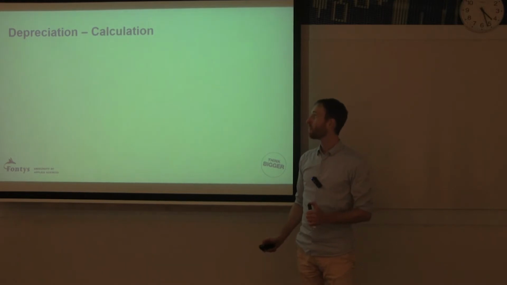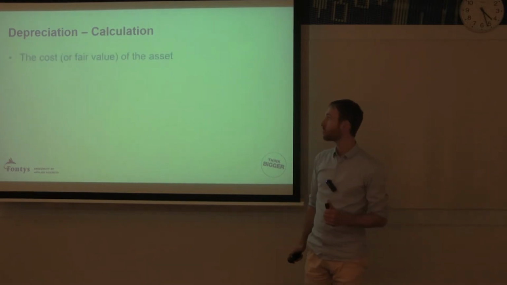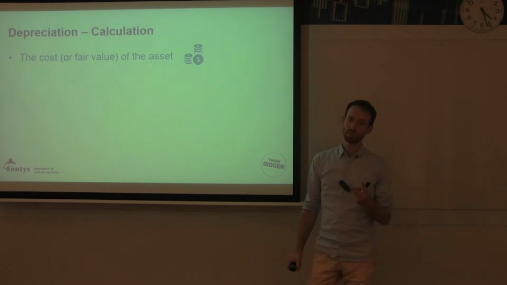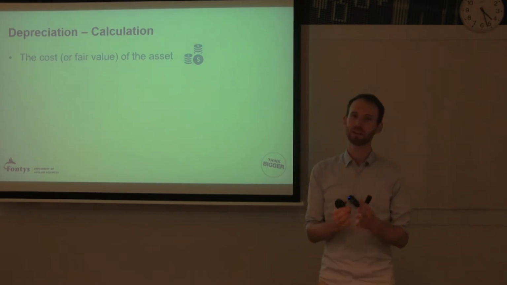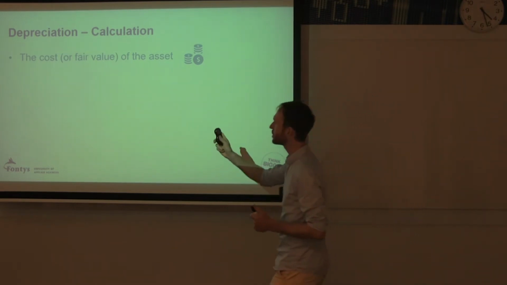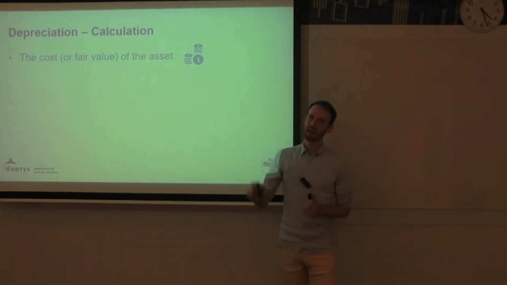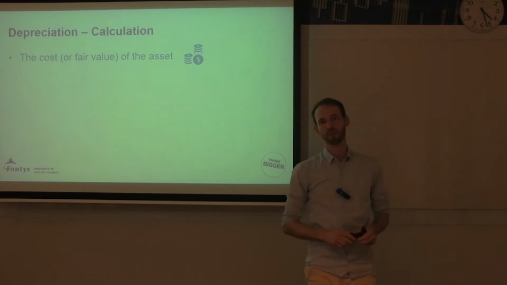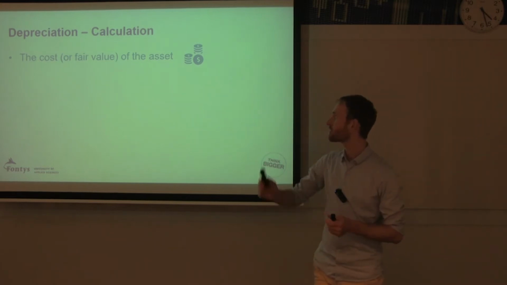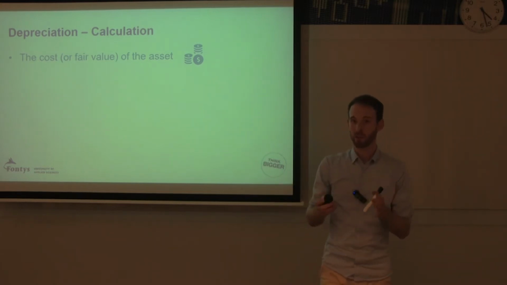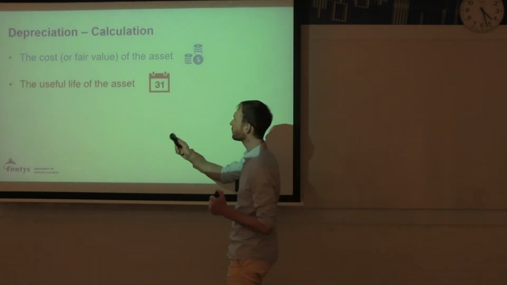If we now look further at the calculation, as I told you, you have two methods, and basically for those two methods you need a couple of elements. The first thing is we need to know the cost or the fair value of the asset. So if you bought the car for 30,000, then this is the cost of the asset. So we need to know that. Then we need to know the useful life of the asset.